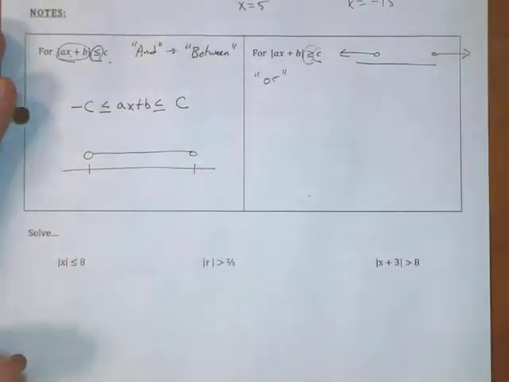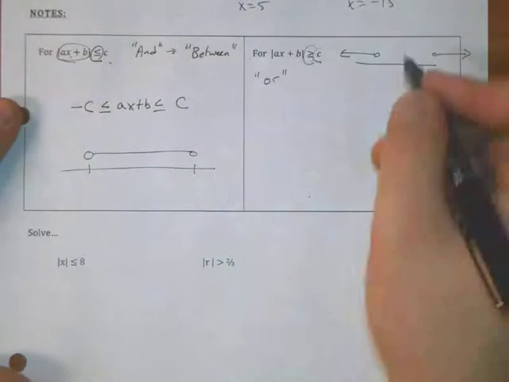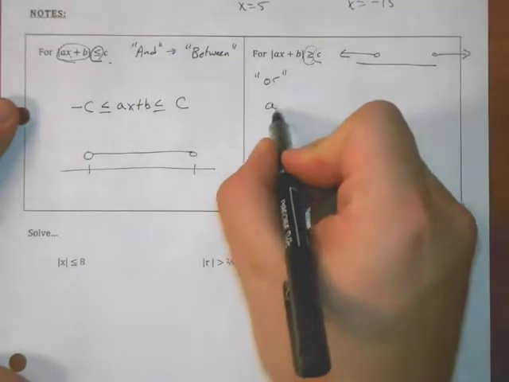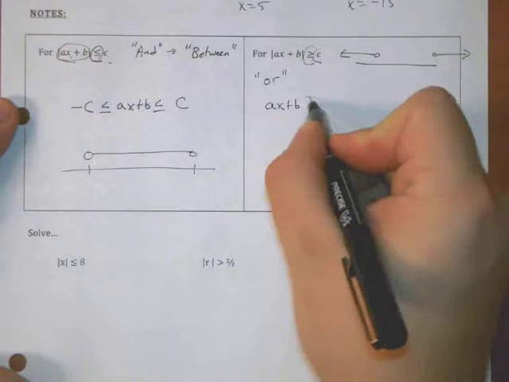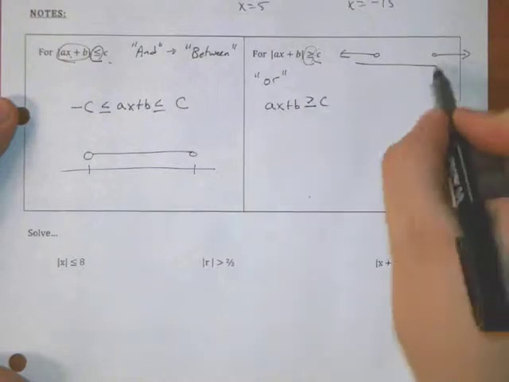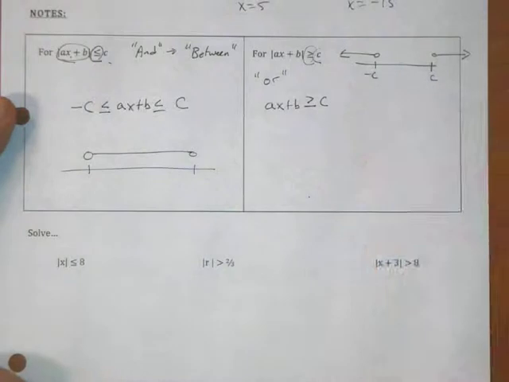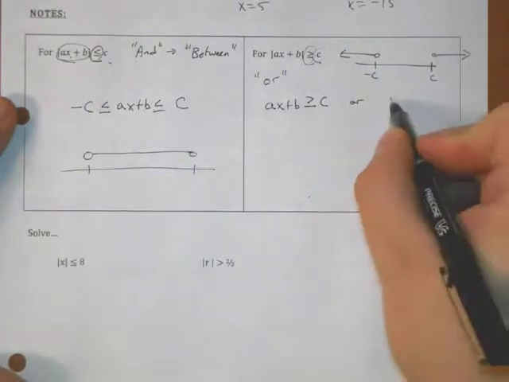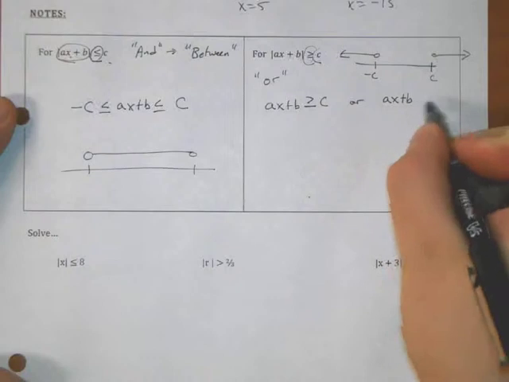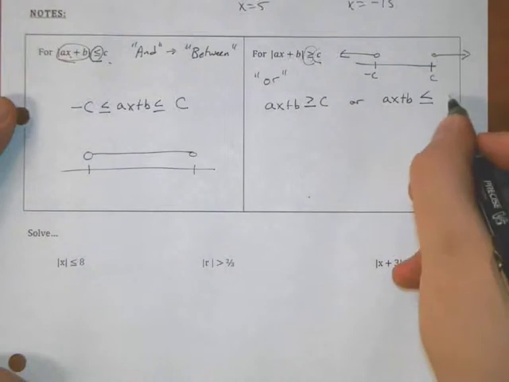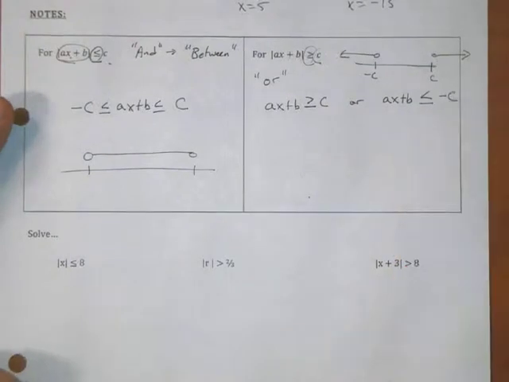Okay. So to represent this, we'll take whatever's inside, and this will be bigger than C, or whatever's inside will be less than the opposite of C.